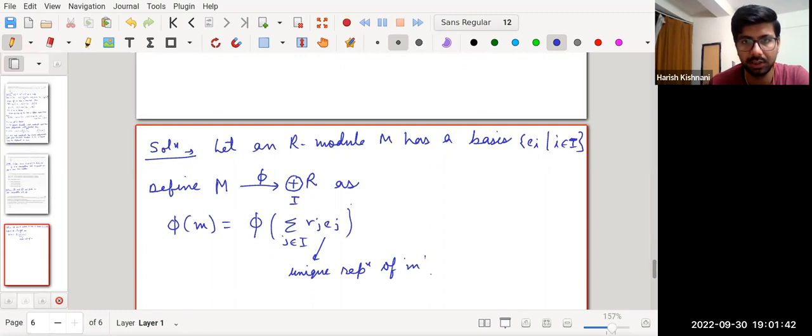Now you just send it to the tuple or the sequence r_j.